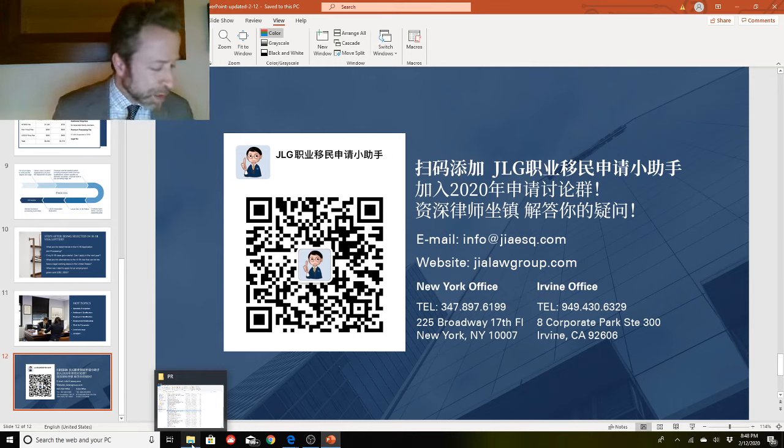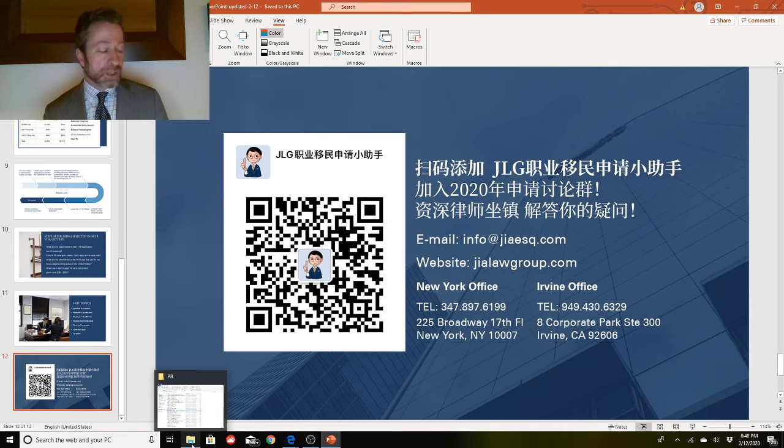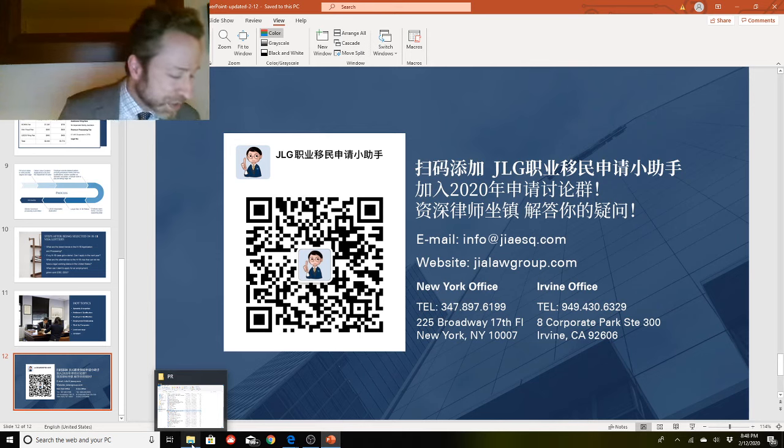Now, another very good question here. For people who are graduating this year in May, can they register for the lottery? Yes, in fact, they should. When you register for the lottery, you will have to attest that you will be qualified for the H-1B and will file an H-1B petition if selected.